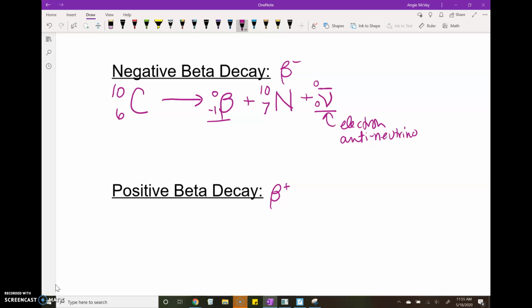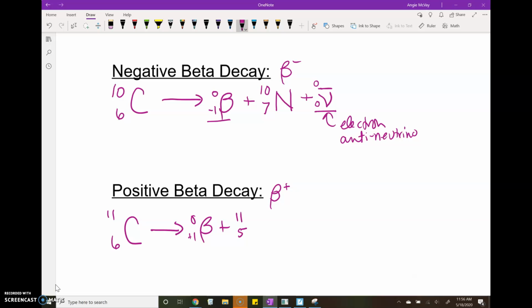And then for positive beta decay, let's say we're working with a different isotope of carbon, carbon 11, and you would see beta decay, and then you'd have a +1, and then what would you have to have here? Well, to make 6, we've already got +1, and so this element would have to have an atomic number of 5, and the mass number would still have to be 11, to make the two sides equivalent to each other.